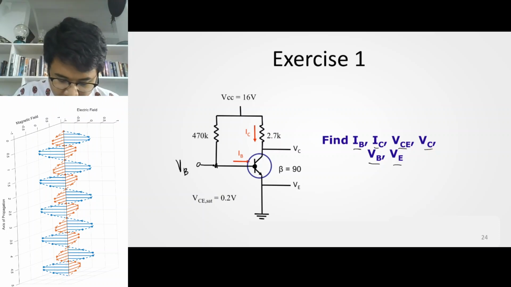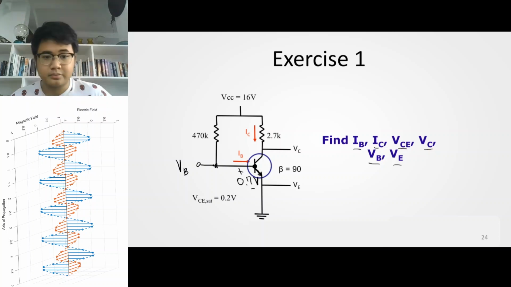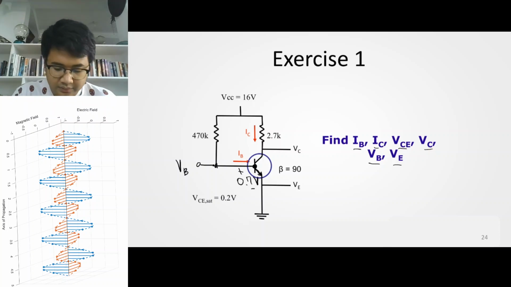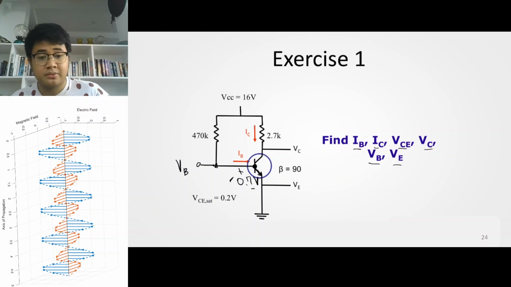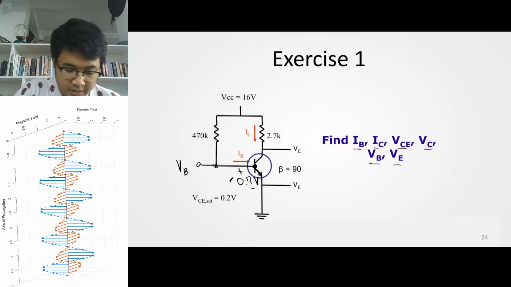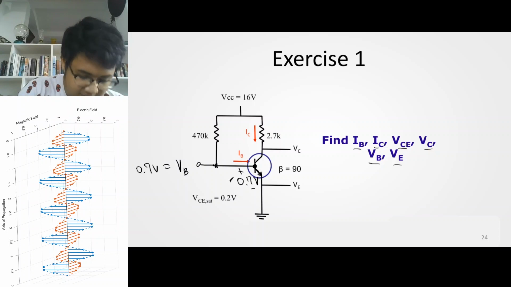Since it's forward active, we assume the voltage drop here is 0.7 volts.